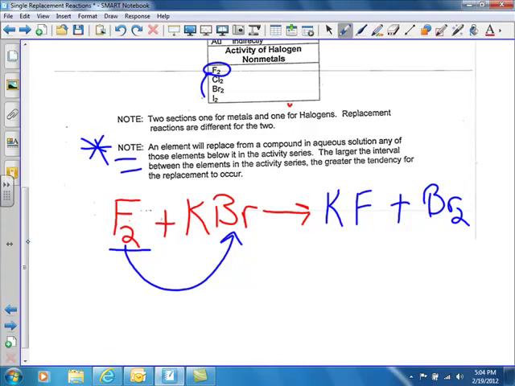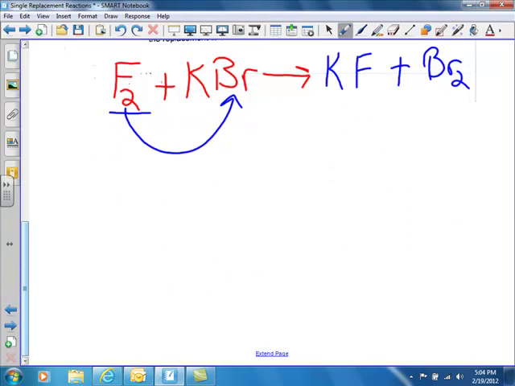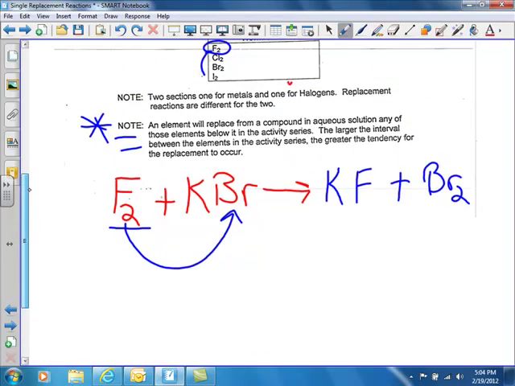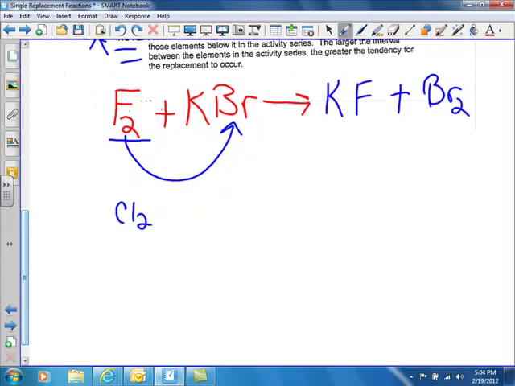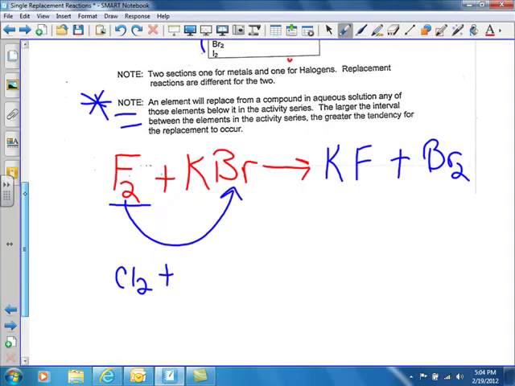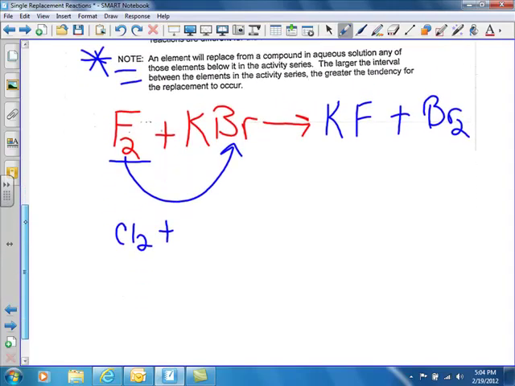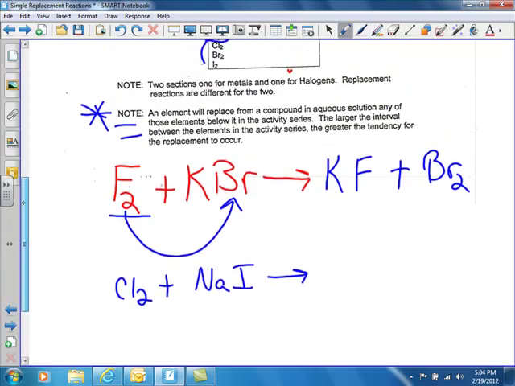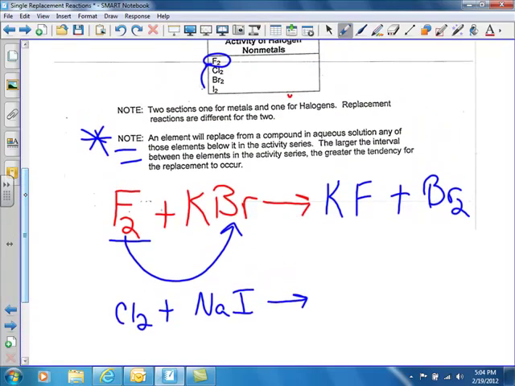Let's do another one here. Cl2 plus NaI. If I look on my list here, Cl is above I, so this reaction will work.